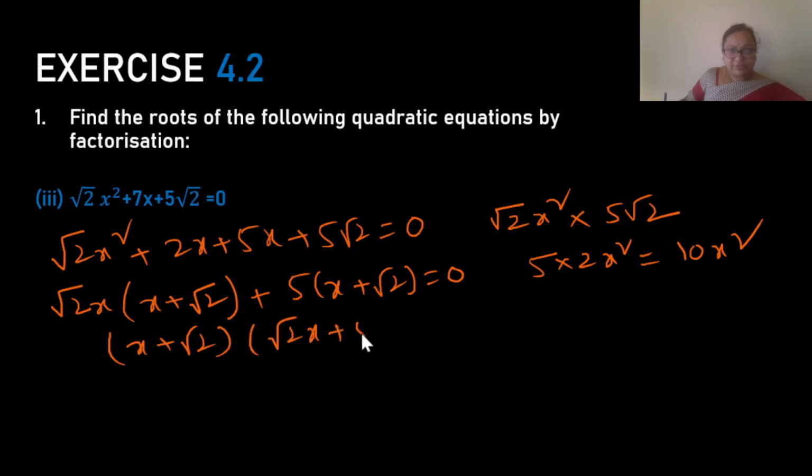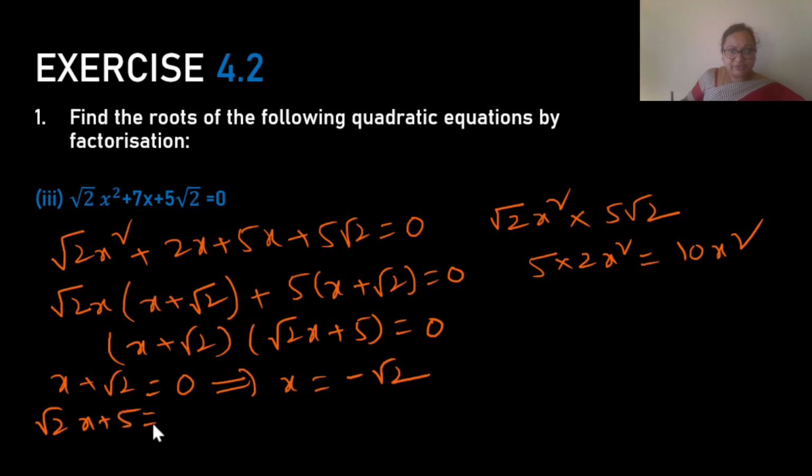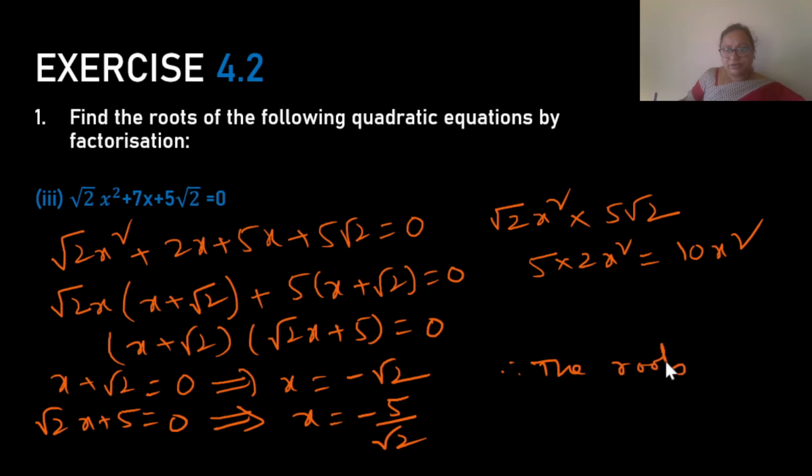Root 2x plus 5 is equal to 0. If you equate x plus root 2 to 0, x is equal to minus root 2 and root 2x plus 5 is equal to 0 means x is equal to minus 5 by root 2. Therefore, the roots are minus root 2 and minus 5 by root 2.